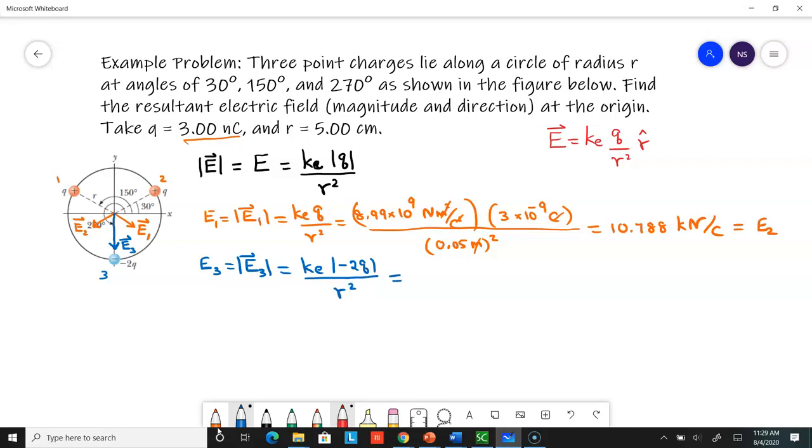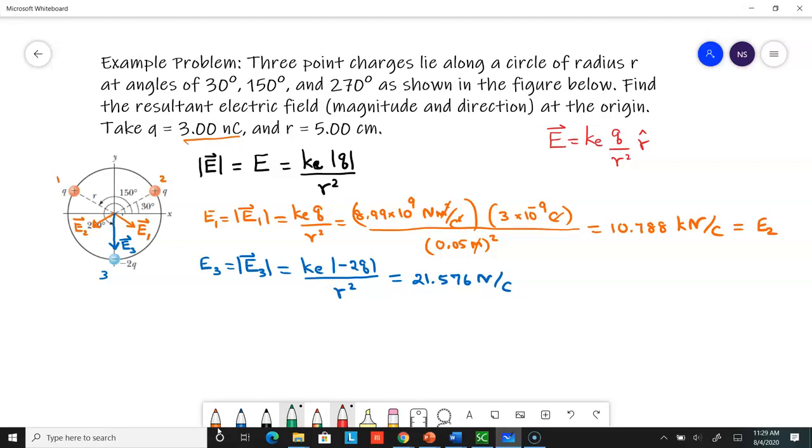So when you substitute, you can see that it's just going to be twice as much, and absolute value of the minus, so you'll just have a positive value, right? So when you calculate it, it will be twice as big, so it will be 21.576 newtons per coulomb.